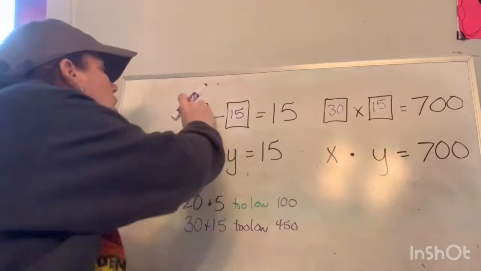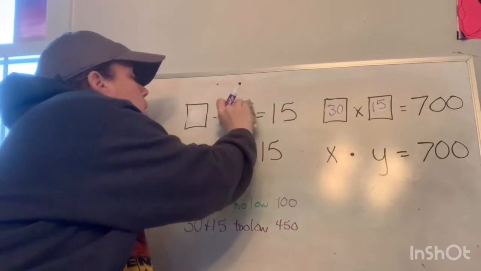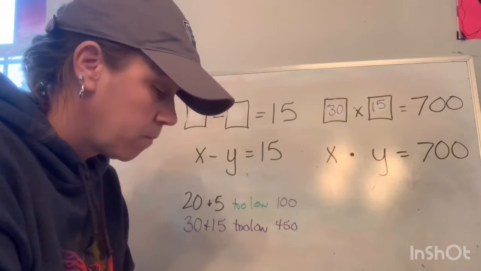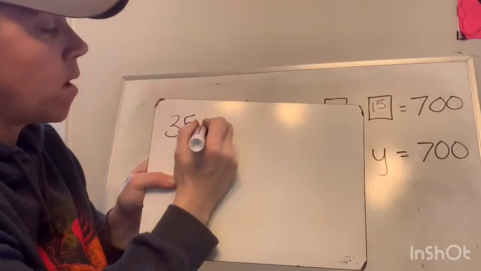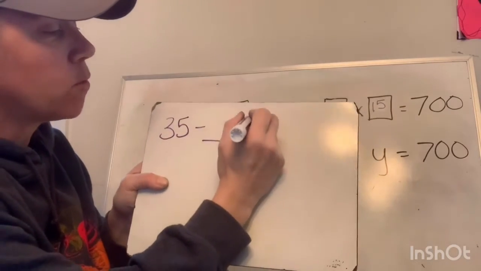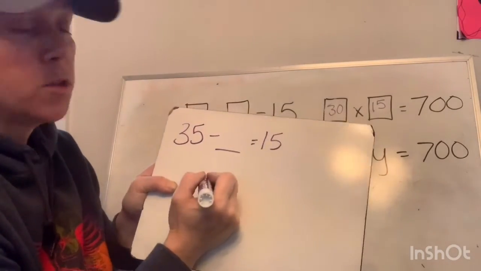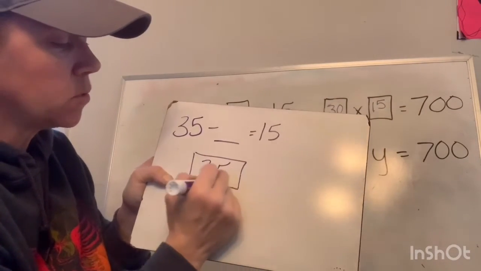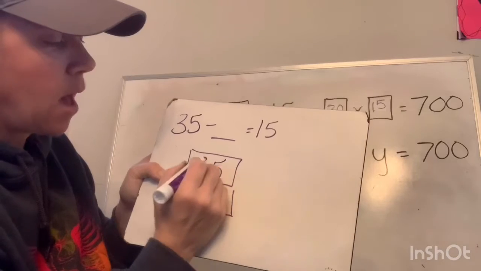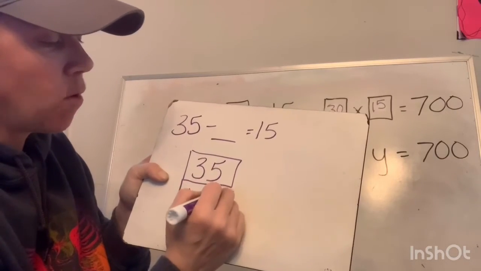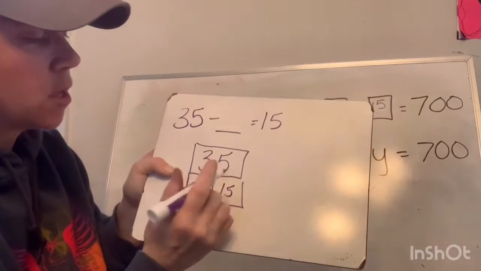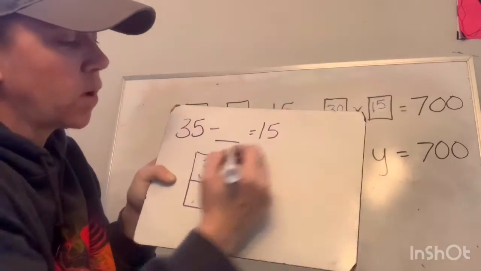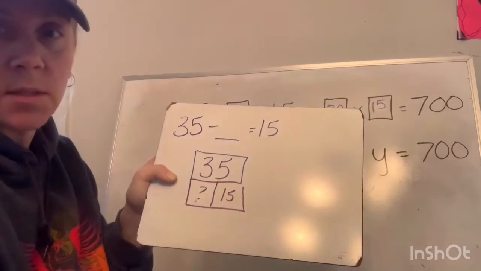So I'm not going to go to 40. I'm going to go to 35. And I'm going to say 35 minus something equals 15. So I have 35. Remember the whole in parts box that we do sometimes in class? I have 35. I know I'm going to have 15 left. So what's the other part? To find out the other part, I have to subtract this 15 to find out what this is.